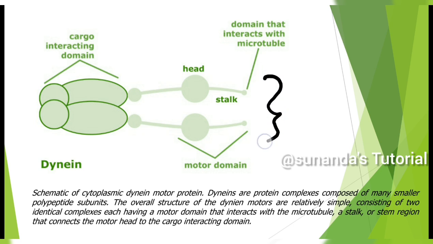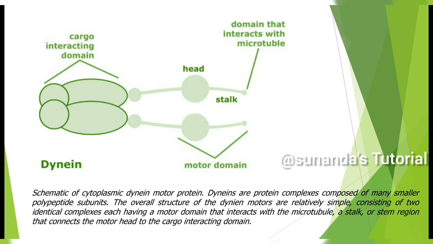So this end will interact with the microtubule, then a stalk or stem region connects the motor head to the cargo interacting domain. So this end will interact with the cargo or the vesicle or any cell organelle packaged box.